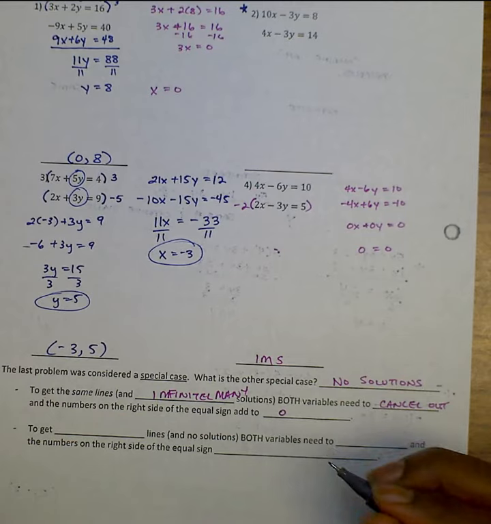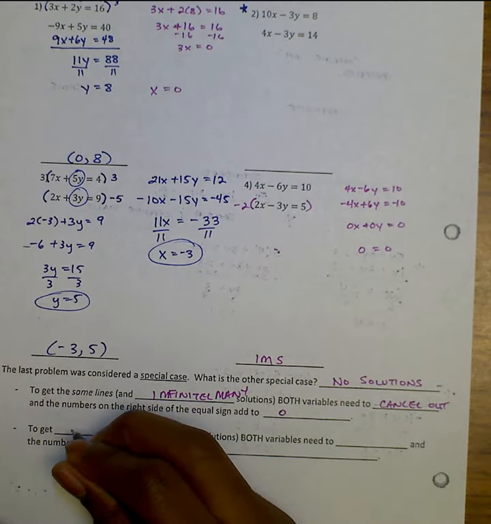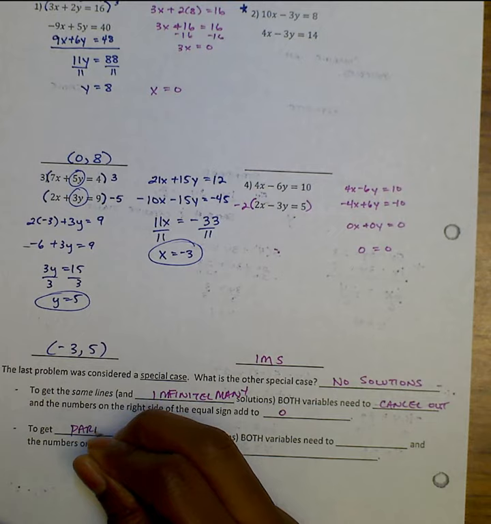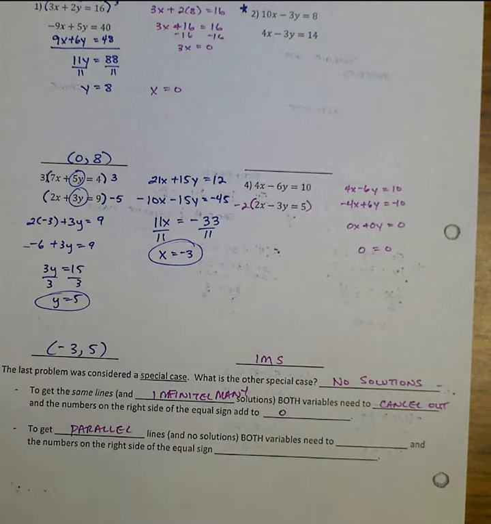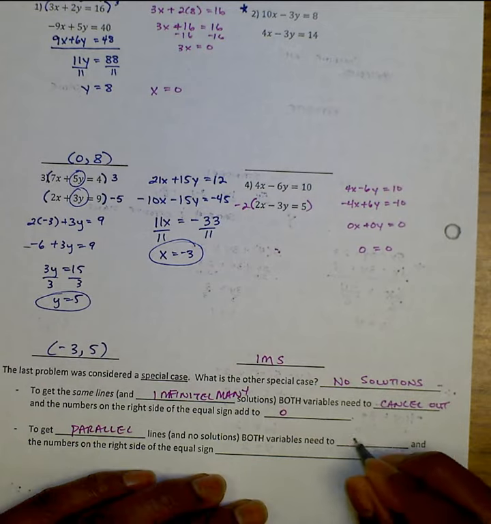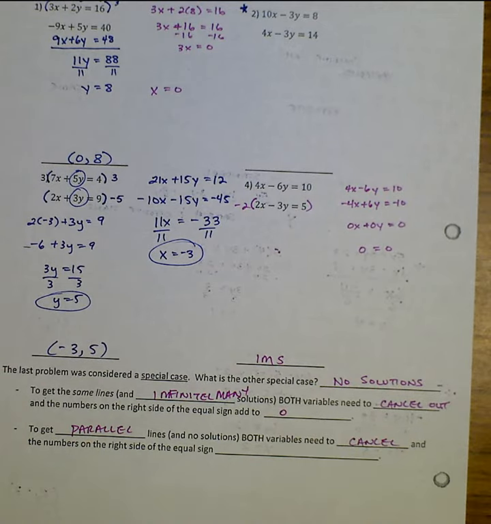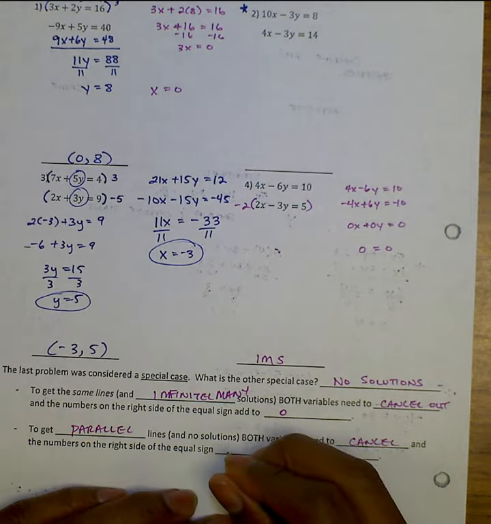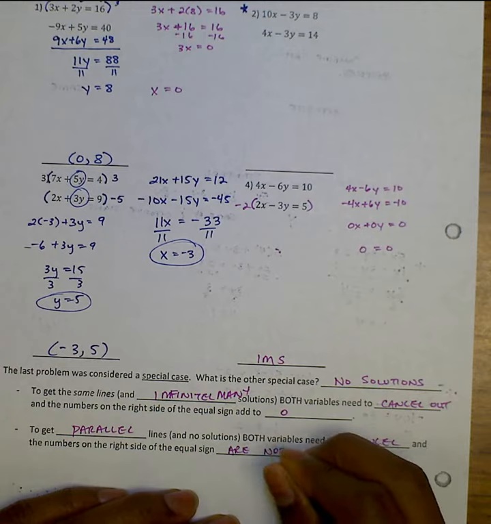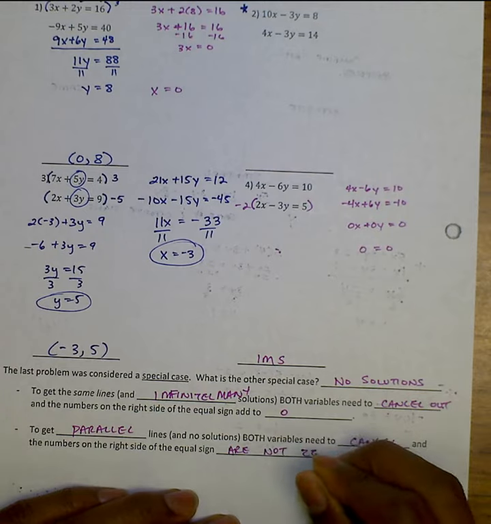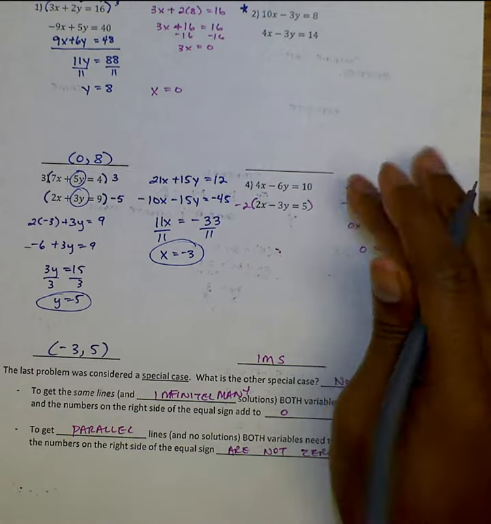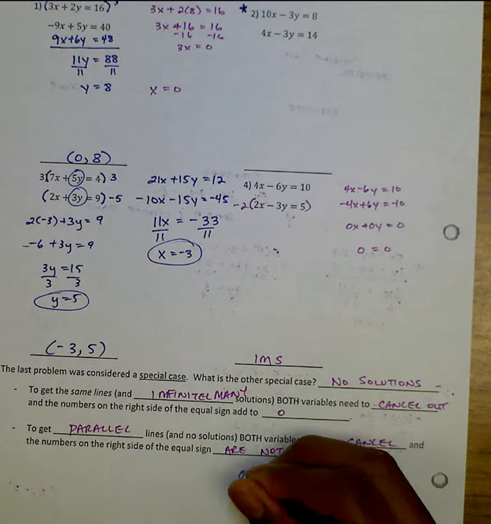To get parallel lines and no solutions, both variables need to cancel, and the numbers on the right of the equal sign are not 0. Because if both variables cancel out, you'll end up with 0 equals something on this side.